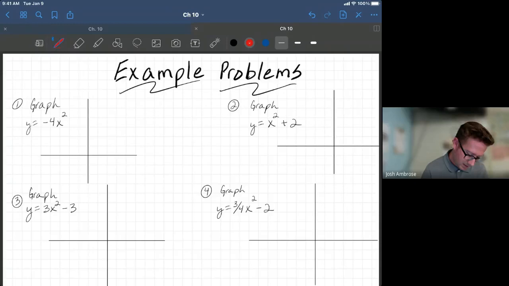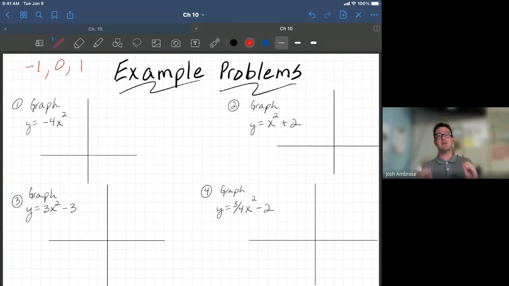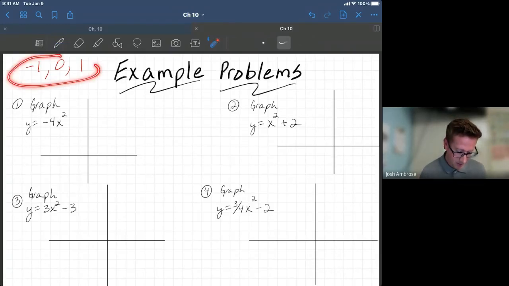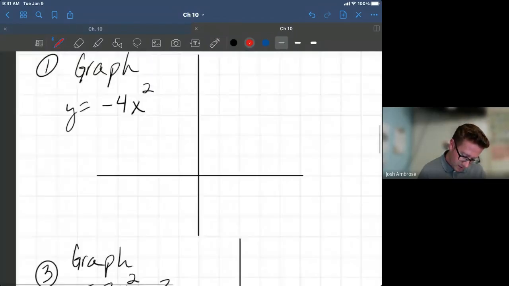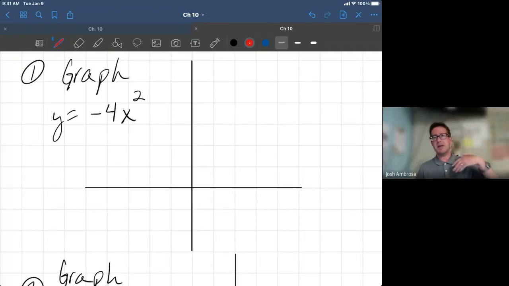Let's use -1, 0, and +1. Those are the 3 simplest values that we could use every single time. When we plug those values in, we're plugging them in to x. The answers that we get out are the value of y. You put x and y together, and that is a point that you're going to plot on the graph.